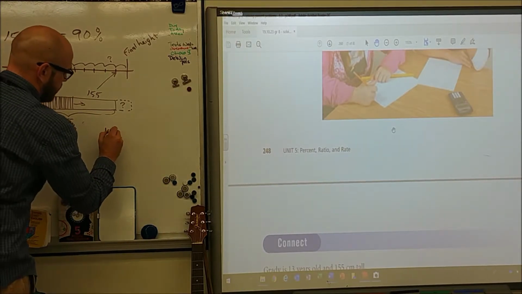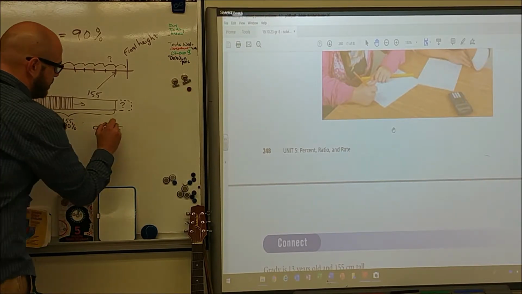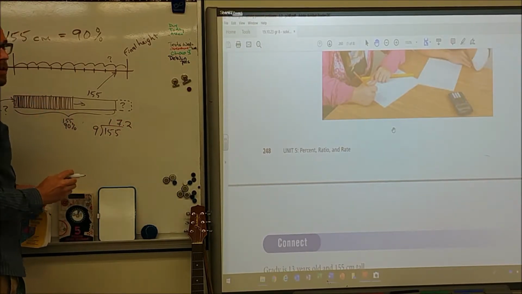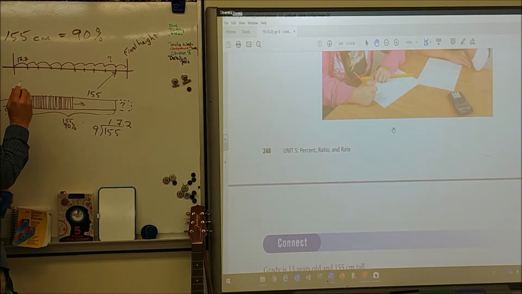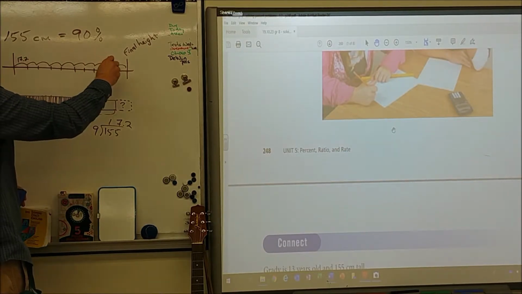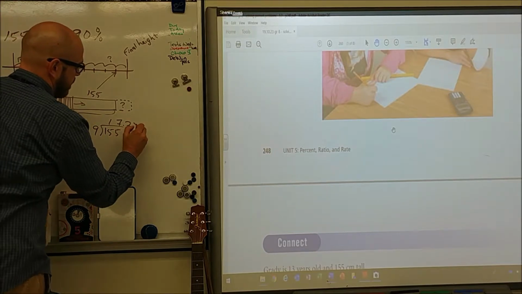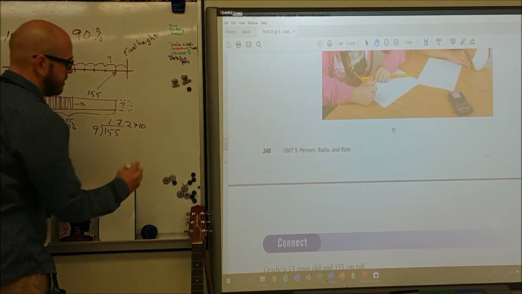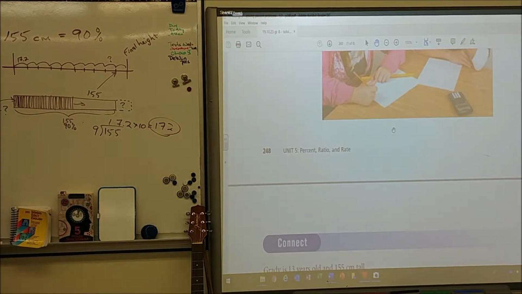They took the 155, divided it by 9, and got 17.2. So one jump equals 17.2. So 9 jumps plus 1 more, and they were able to get 10 times 10% equals the 172.